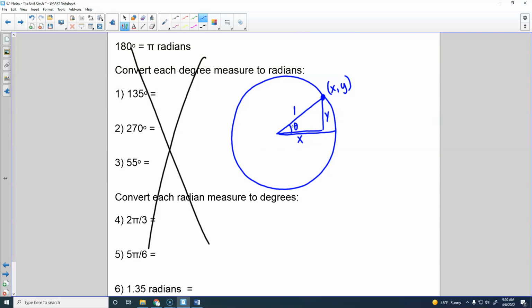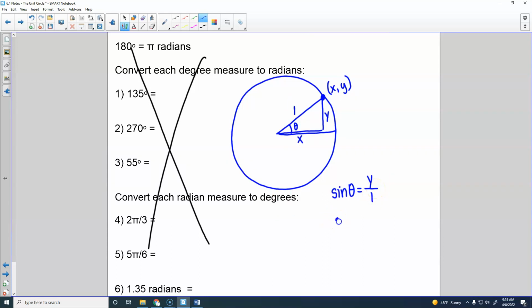So if I want to find sine of theta with this triangle, right? That could be a 30-degree angle, 45, really anything. If I want to find sine, sine would be opposite, which in this case is going to be y, over hypotenuse. What's our hypotenuse here? It's just 1.